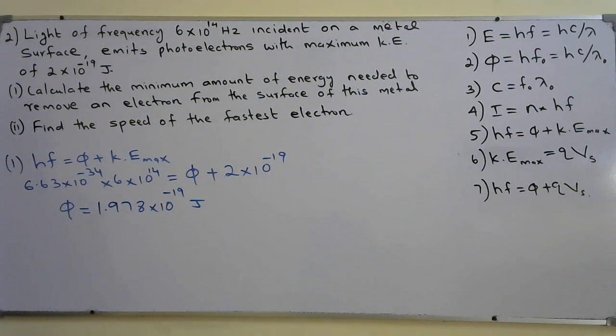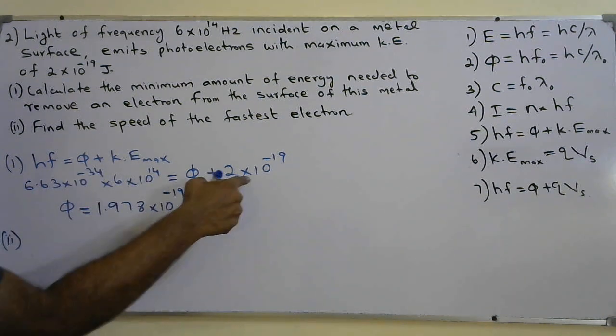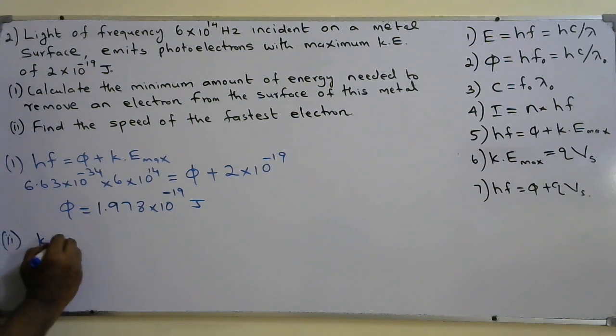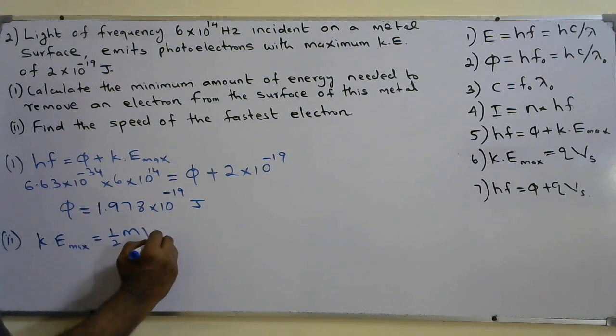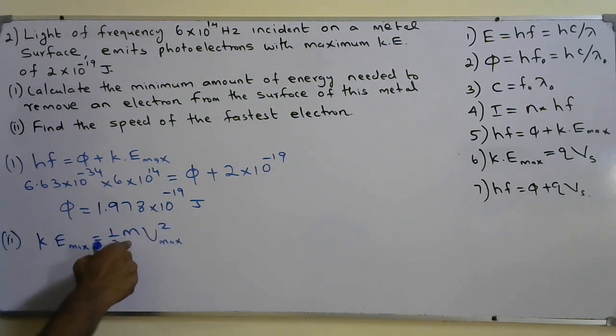Second part, find the speed of the fastest electron. We know the energy K max equals half m v max squared. The mass of the electron is given in the data sheet.